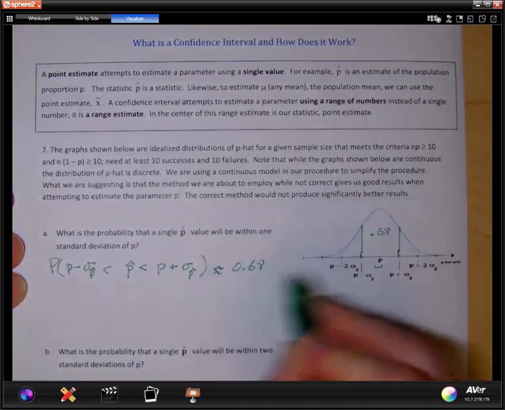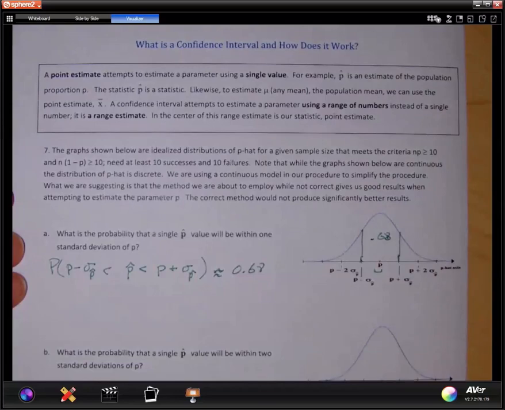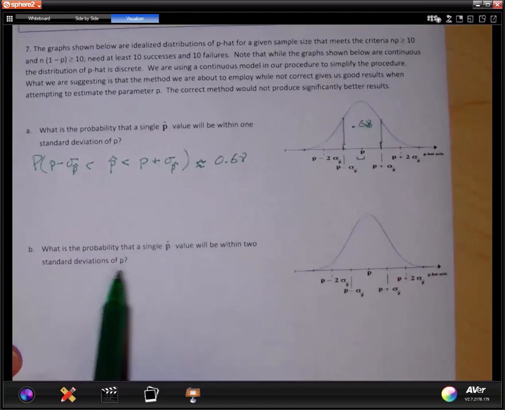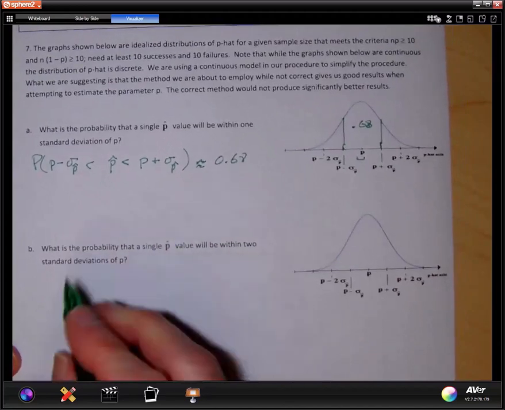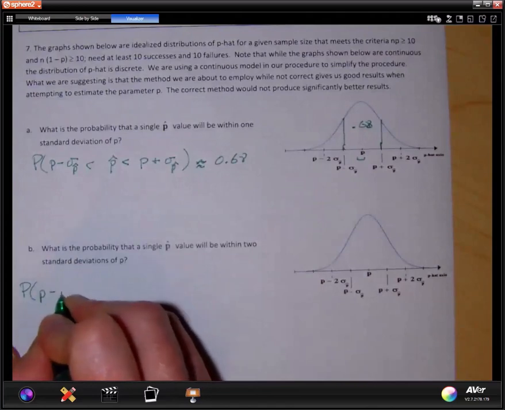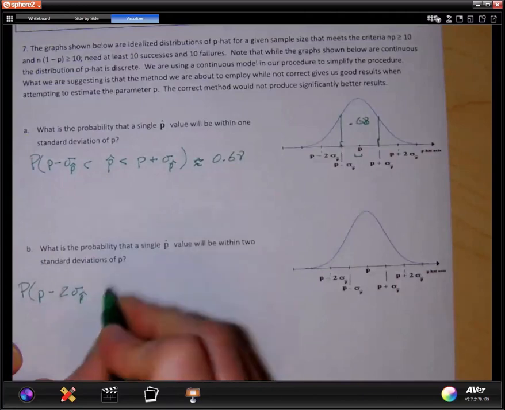This is not exact. We're going to get a little more exact when we calculate the confidence interval, but it gives us an idea for what we're about to do. Let's think about it again. What is the probability that a single p-hat value will be within 2 standard deviations of p? So all this means, instead of using 1 standard deviation, I'm going to use 2 of them.